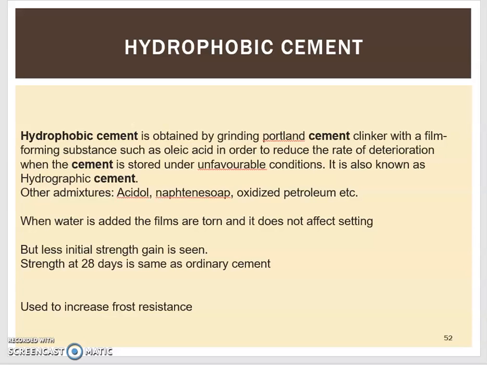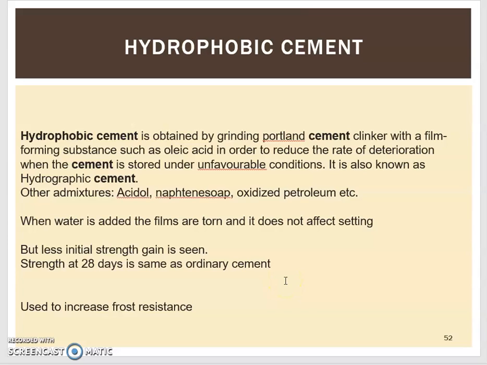But even though there are these films around the cement grains, the moment you add water, the setting will start. So it's not really affecting the setting. Only thing, it may slow down the strength gain, so the initial strength gain is a little less. But at the end of 28 days, it will be the same as ordinary Portland cement.